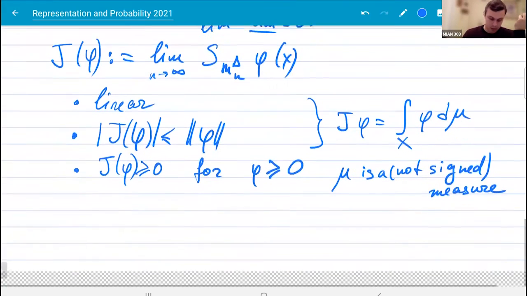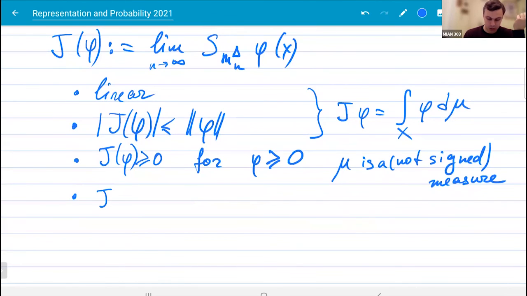Oh, and by the way, one more property is that g of phi composed with T equals g of phi.